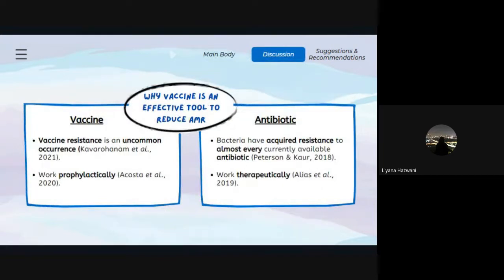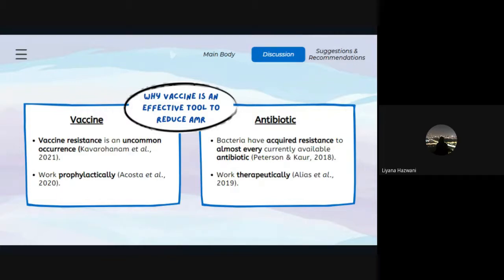Next, I'm going to explain why vaccine is an effective tool to reduce AMR. Firstly, vaccine resistance is an uncommon occurrence. On the other hand, bacteria have acquired resistance to almost every currently available antibiotic. Next, vaccine works prophylactically, which is administered to the individual as a preventative measure before the individuals are infected by the disease.